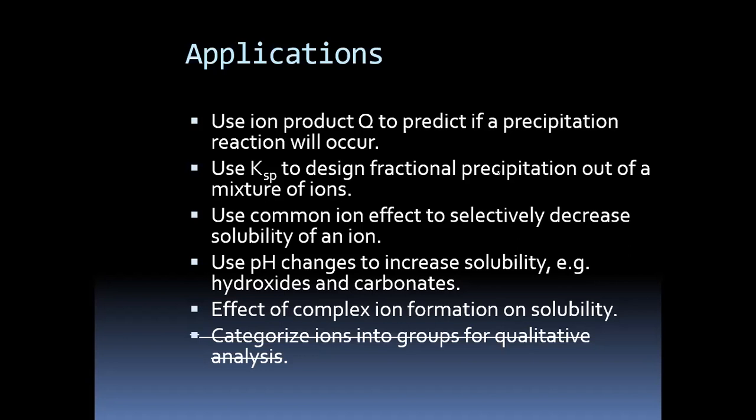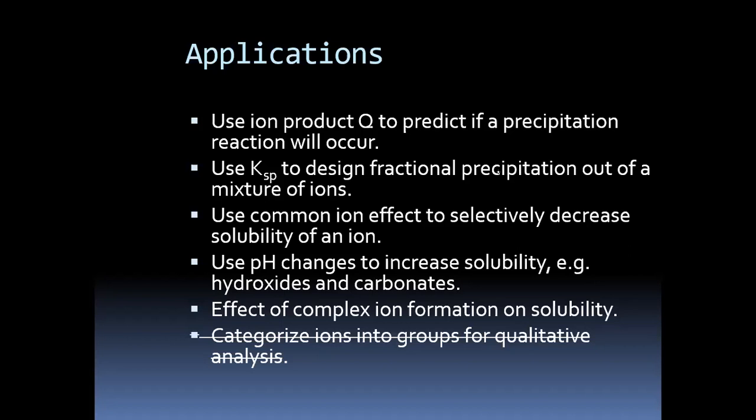You should also be able, if you're given the KSP of several possible compounds and a mixture of these compounds at given molarities, to say which one is going to precipitate first when I start adding a precipitating agent. That's fractional precipitation.